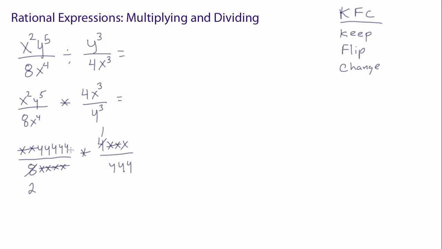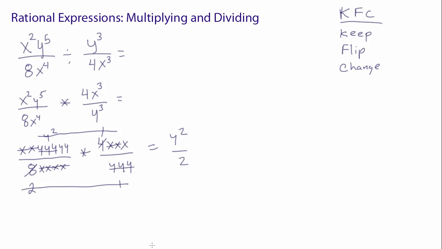It seems like I have 5 factors of y on the top, 3 factors on the bottom. Let's cancel these 3 factors of y. I'm going to put a 1 here. I'm going to cancel out 3 factors there, so I'm left with y squared. And there we go: y squared over 2 times 1, which is 2.